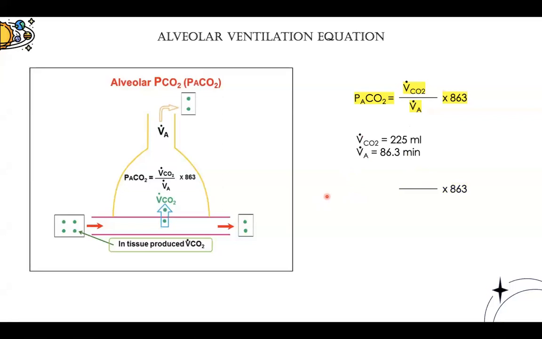Now I gave you these values. Can you calculate PaCO2 for me? You have the constant here. Just use an alveolar ventilation of 86.3 and a VCO2 of 225. Okay, do you have any other answers?